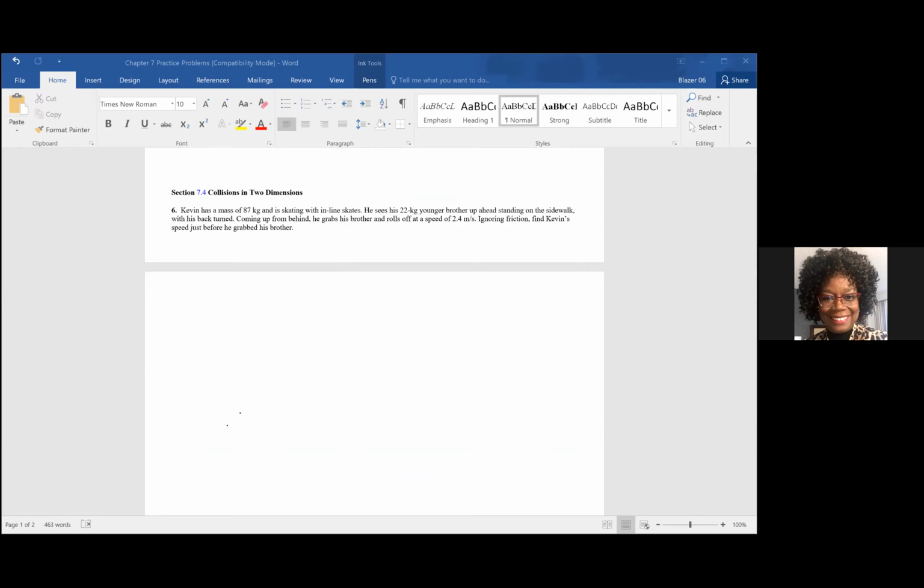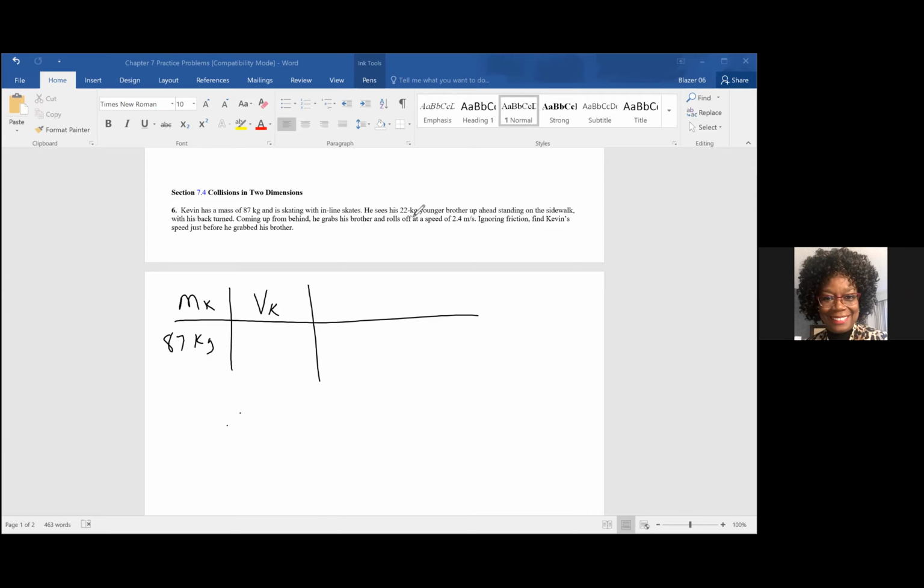So I want to show you now in one like number 7, you have to have some subscripts, okay? So Kevin has a mass of 87 kilograms. Let's denote that as the mass of Kevin, 87 kilograms. Is skating with inline skates. So if he's skating, that means he has some velocity of Kevin.